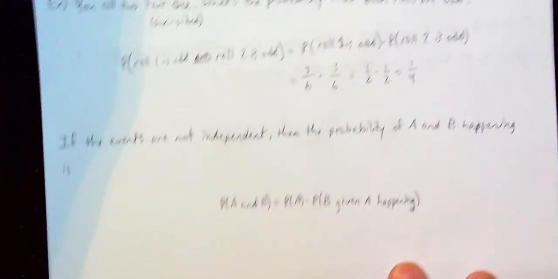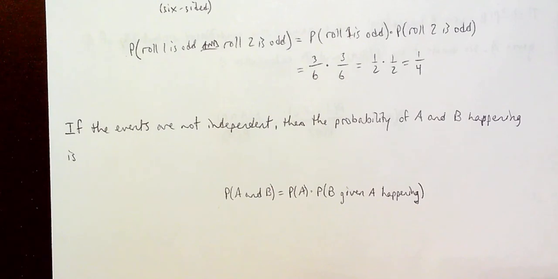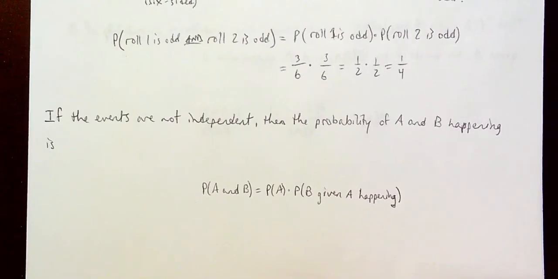If the events are not independent, that is to say, the outcome of one event will have some type of impact on the outcome of the next event, then our formula changes slightly here.